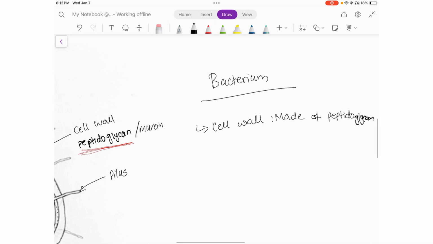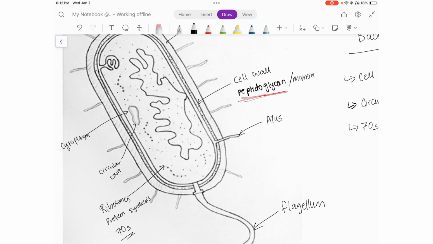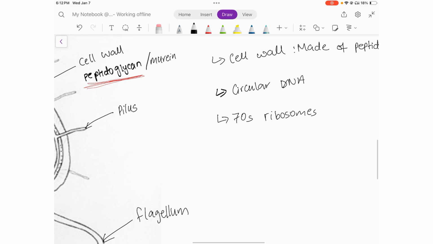We also notice that they have circular DNA. They have 70S ribosomes, and they do not have membrane-bound organelles.